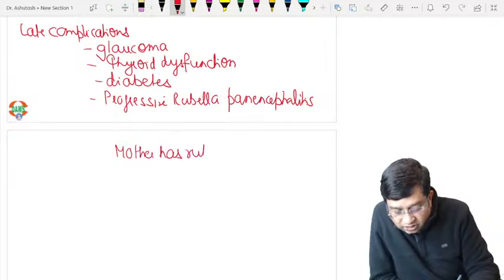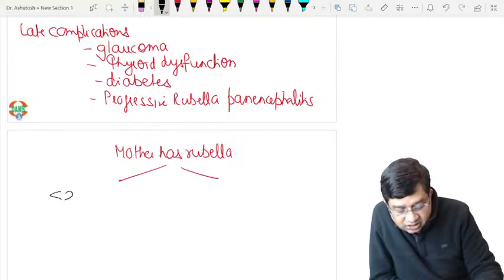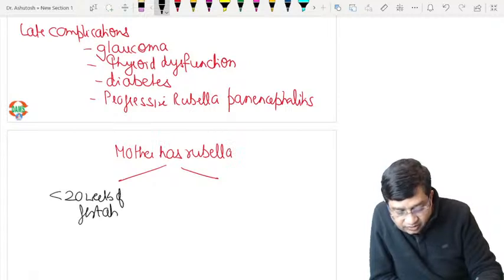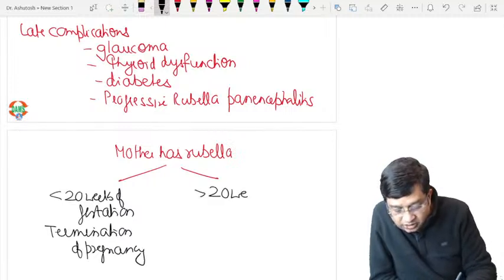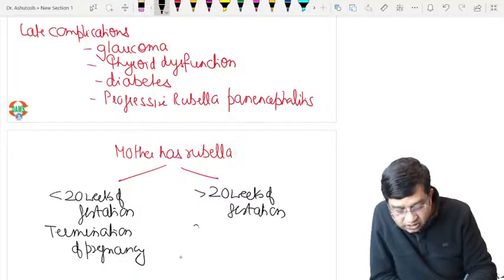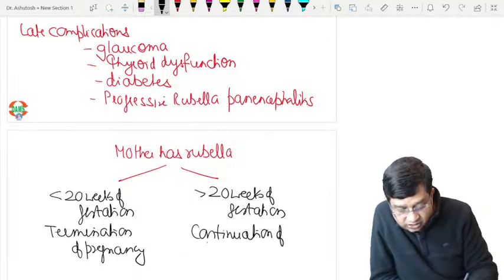If particularly mother has rubella and the pregnancy is less than 20 weeks of gestation, we go for termination of pregnancy. और अगर मदर को रुबेला है and that is more than 20 weeks of gestation, we go for the continuation of pregnancy.